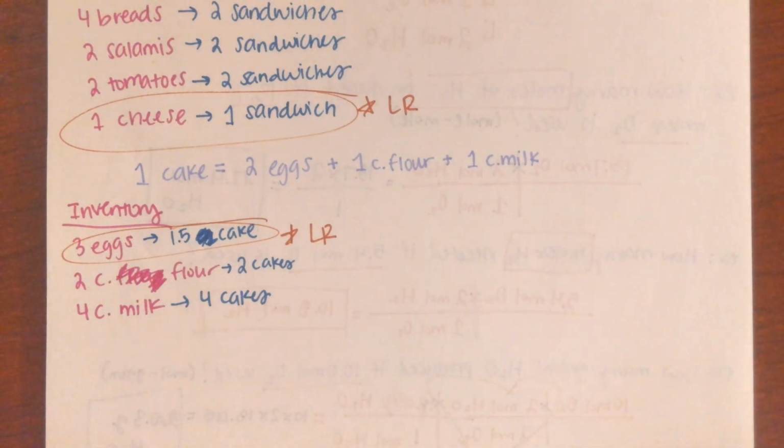Okay, so next thing on the list is the empirical and molecular formula, which is the last thing in the stoichiometry units.